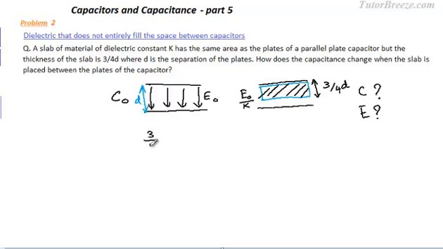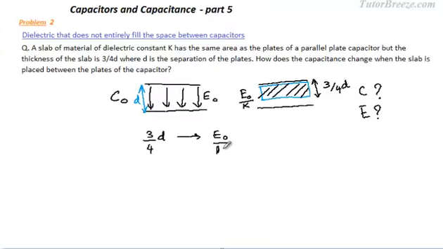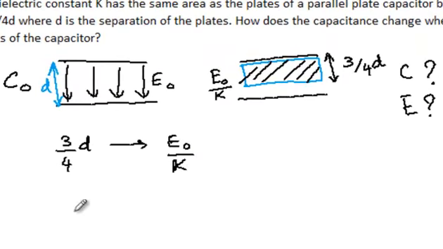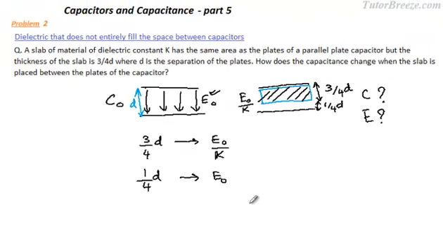So in 3/4 of the distance between the two plates, the electric field is E naught over K, the dielectric constant K or kappa, and in 1/4 D, which is the remaining portion, there is no dielectric in this region, so the field remains the same. So the field will be E naught. Now in 1/4 of the region, the field is E naught.